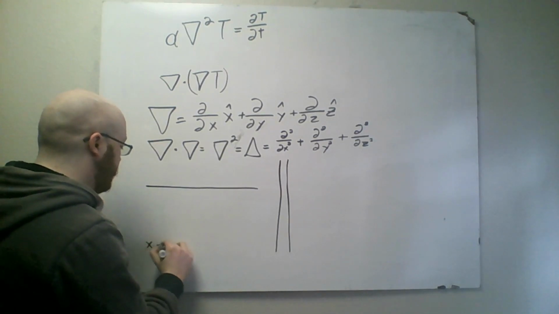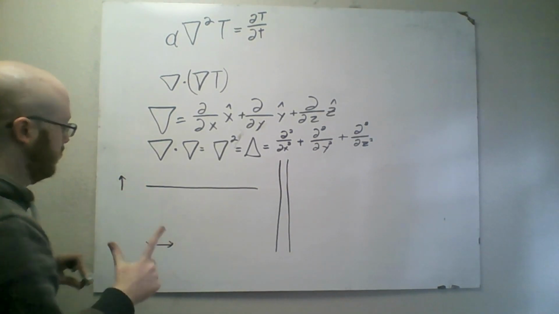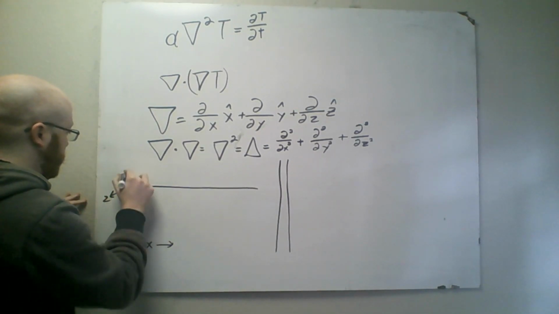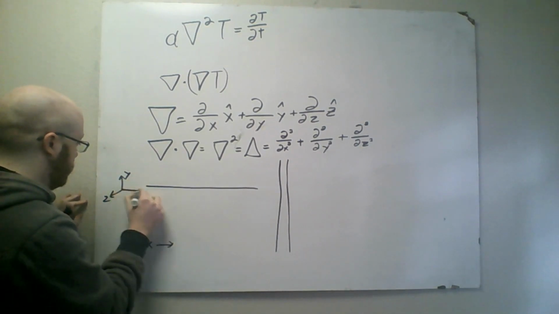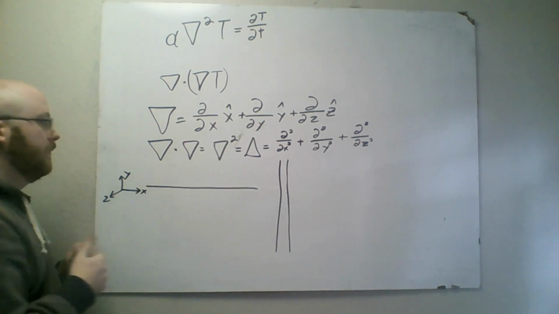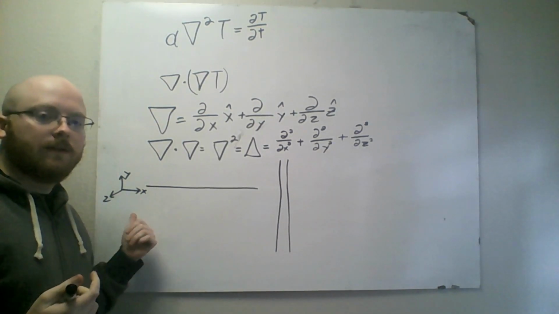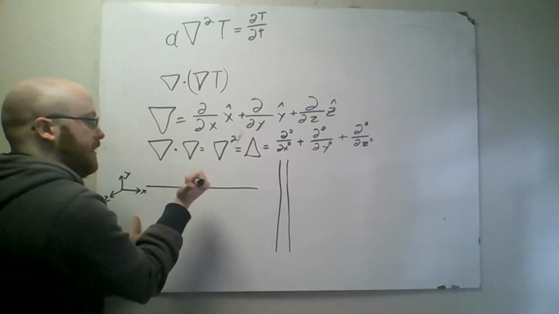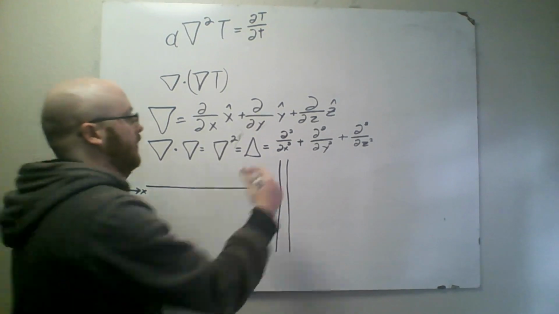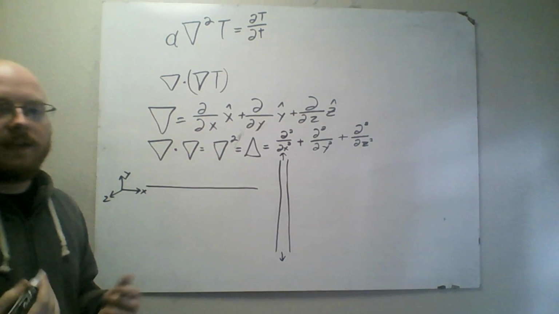Say this is the x direction, we could do it like this, right? In this case, the y and z don't matter because there's not really much going on there. Y and z are out of the board. They don't really matter because it's infinite. It's kind of symmetric.